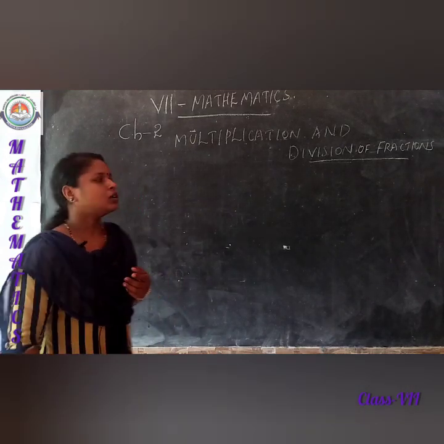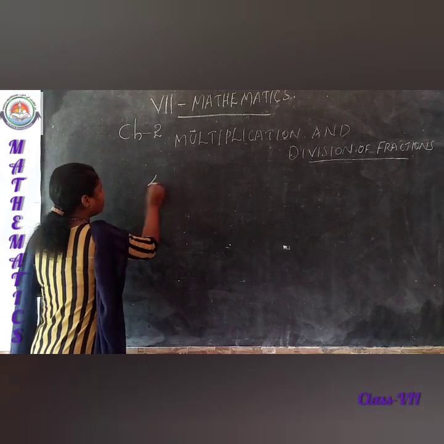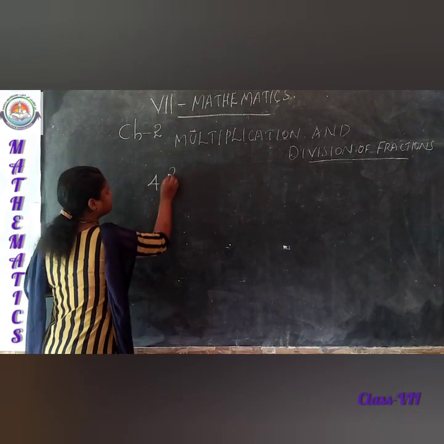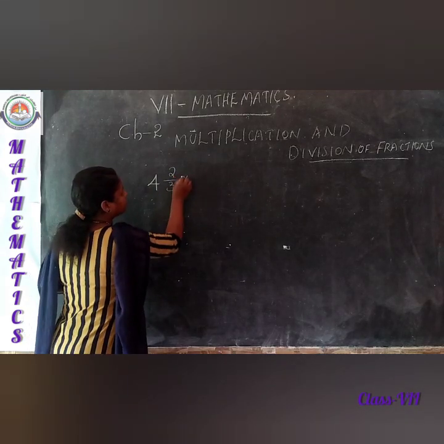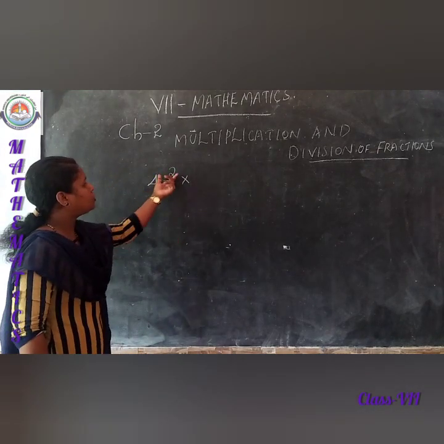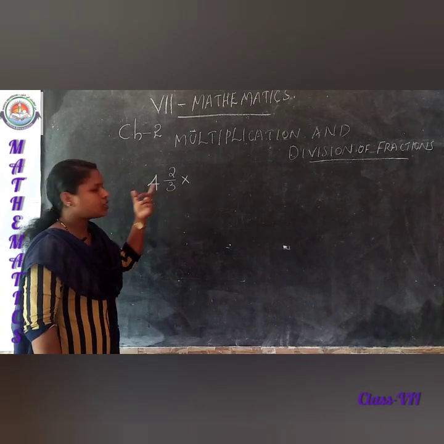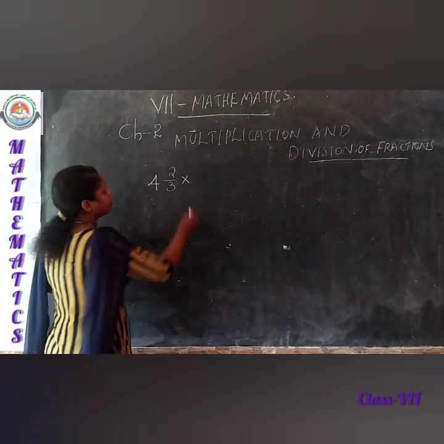Okay, so first question, we have a mixed number 4 2/3. We are multiplying 4 2/3 into 9/7. It is a mixed number or mixed fraction.